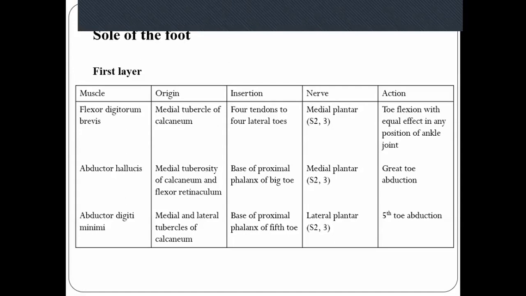The action of the toe flexion has equal effect. The abductor hallucis longus muscle helps in great toe abduction. So the action is implied by its name also. And abductor digiti minimi muscle helps in fifth toe abduction.